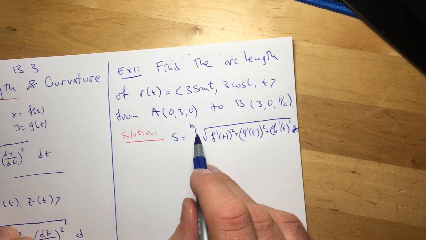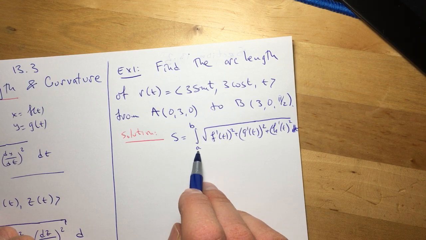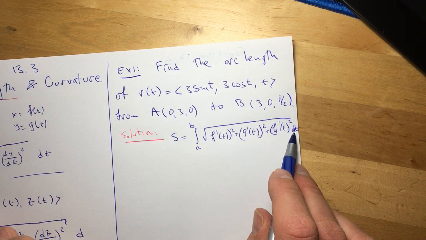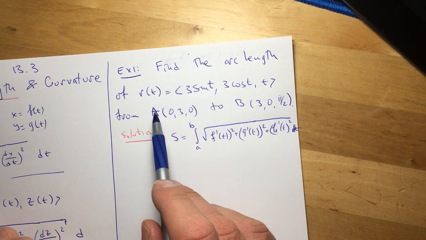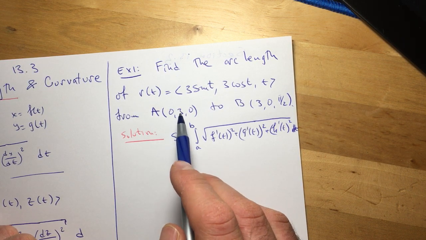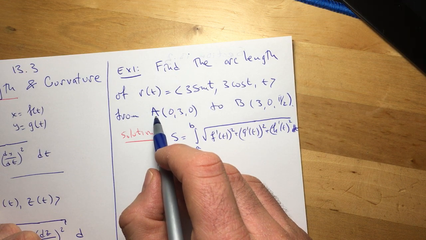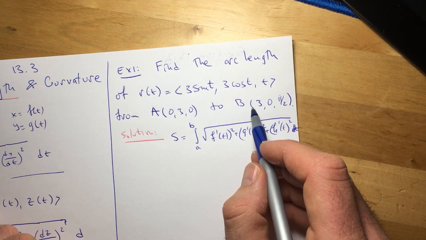That means that a and b are the initial and end points of the interval where t runs. And here in the problem, we have to discover for what t we start from the point A and for what t we finish at the point B, right?